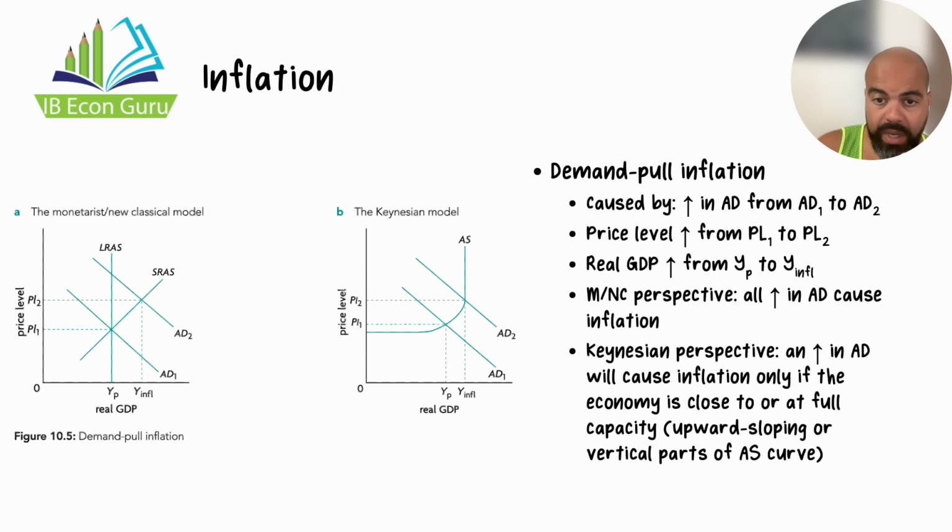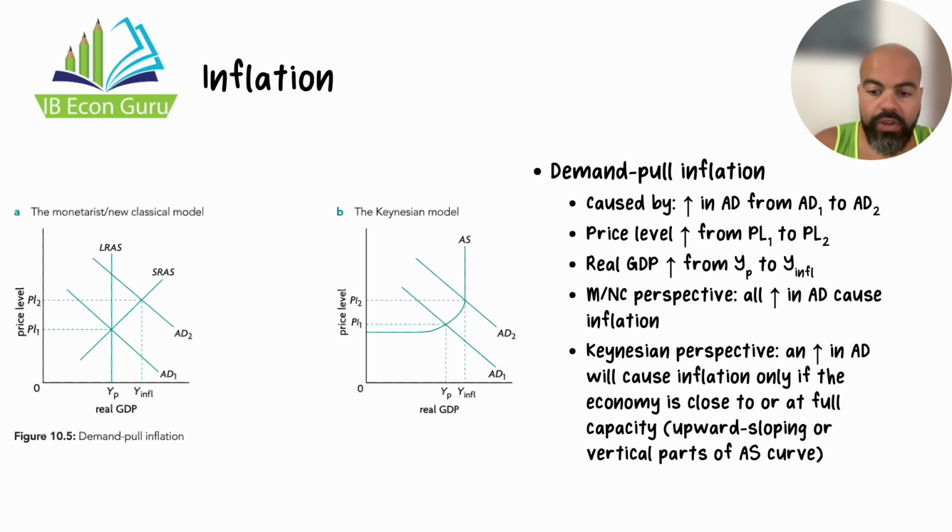In the Keynesian perspective, an increase in AD will cause inflation only if the economy is close to or at full capacity or at full employment. Basically, if the economy is operating on the upward sloping part of the supply curve or the vertical part of the aggregate supply curve.